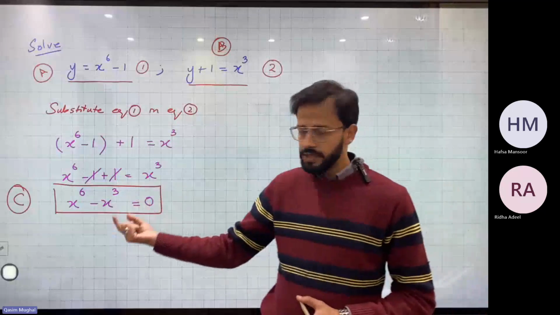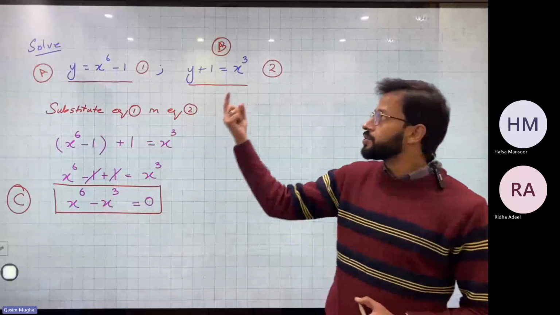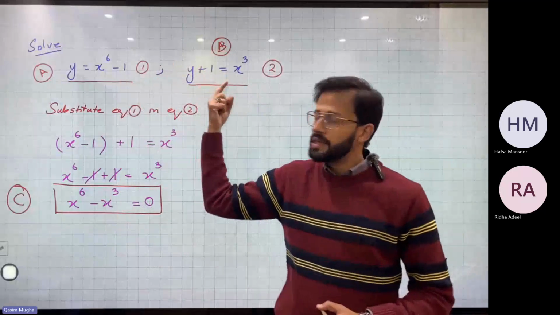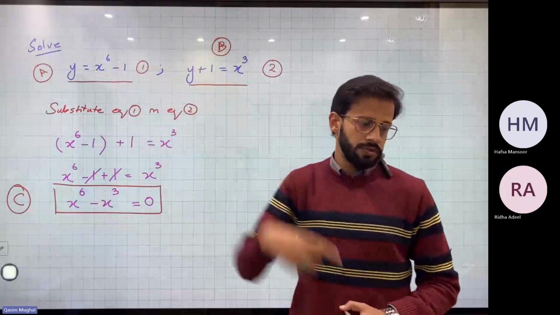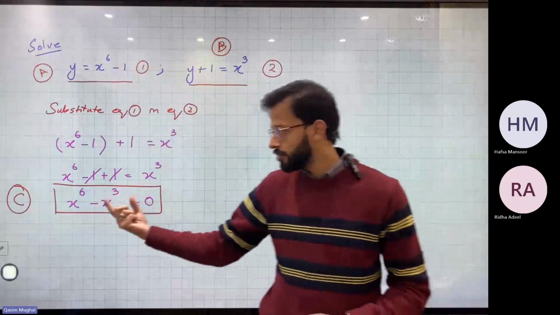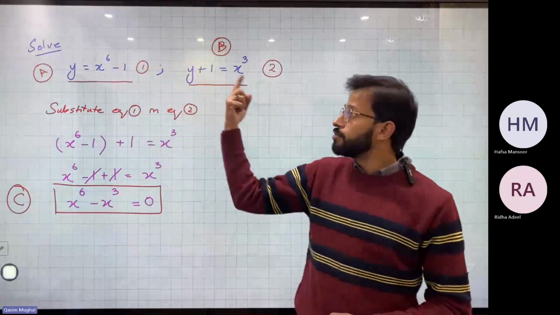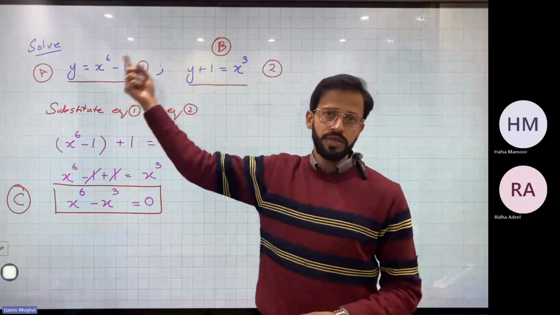The solution of this will be the x coordinates of the intersection points of these two equations. Or in short, the solution of this will be the common solution of both of these.